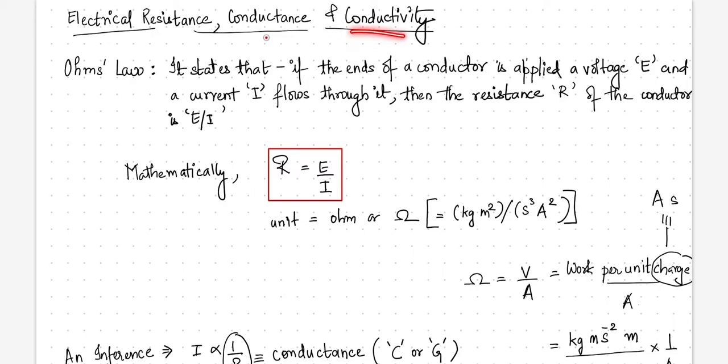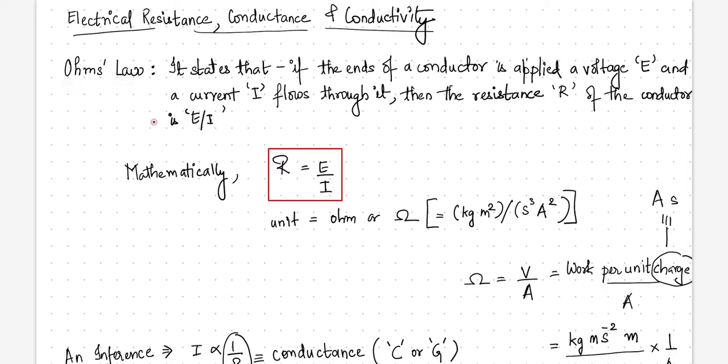finally conductivity. Okay, so before we go into these terms, let's understand a very important law when it comes to conductors. Any type of conductors, be it electronic conductors or electrolytic conduction, the very important law is Ohm's law.